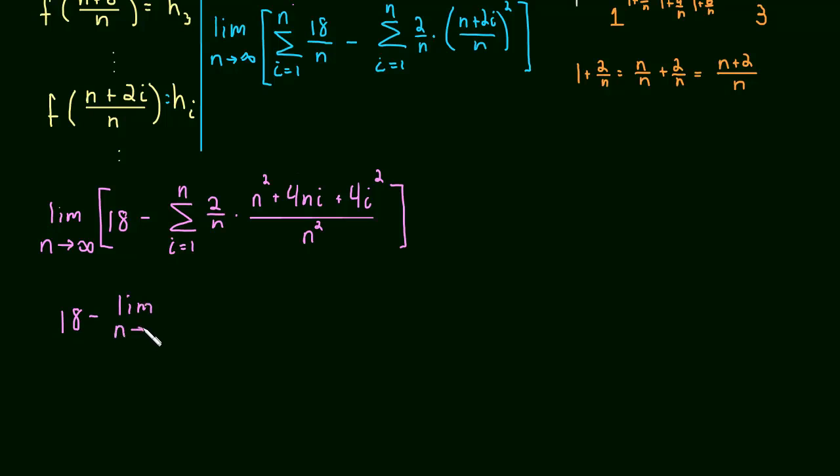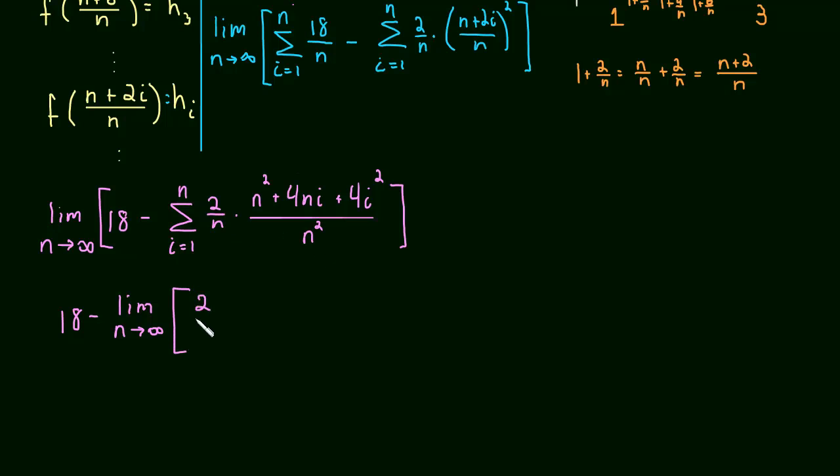The limit as n approaches infinity of this sum, i goes from 1 to n. Well, 2 over n times this whole thing. Why don't I start breaking things up a little bit here? So let me rewrite this. So this is the limit as n goes to infinity of, and now I'm going to break things up a little bit.